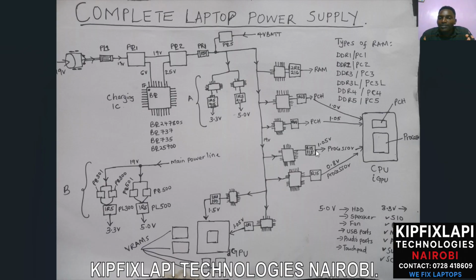Same case with this one. As you can see, this is R15 115, R15 115. So with R15, the outputs of those inductors are almost the same. It's applying a voltage to the same area. Same case with this one, which supplies voltage to the PCH. You can see these inductors are written R68, R68. Yes, because they supply the voltages to where? To the PCH.